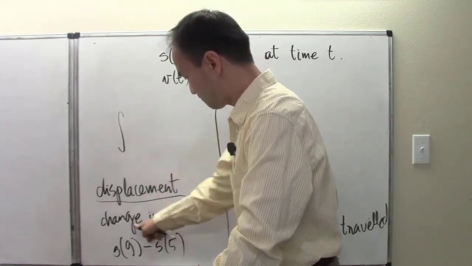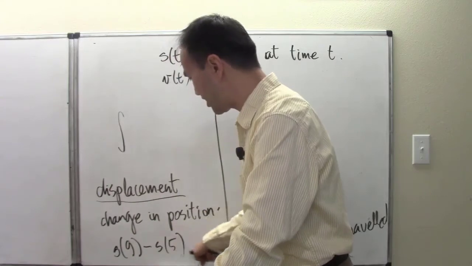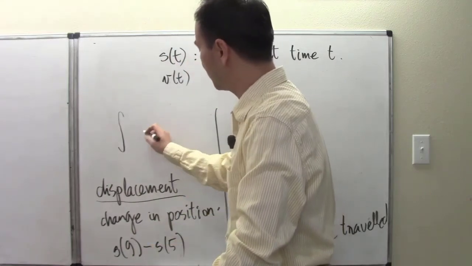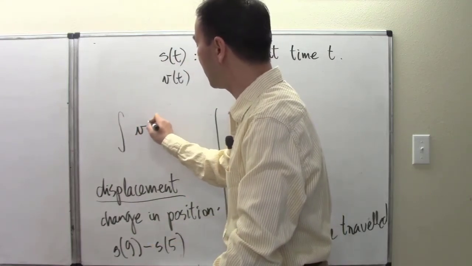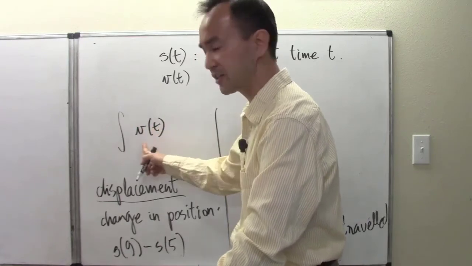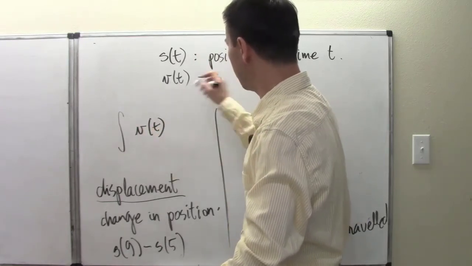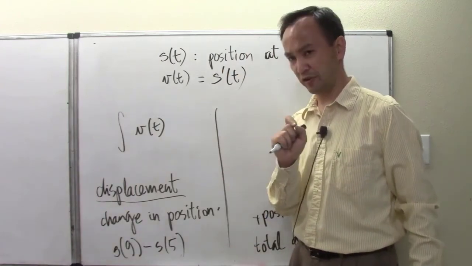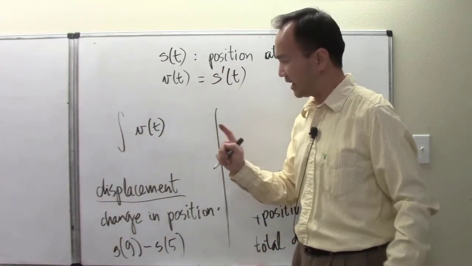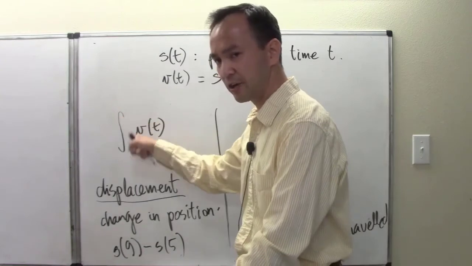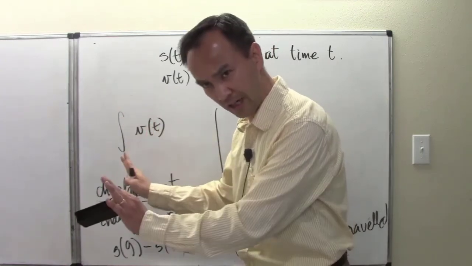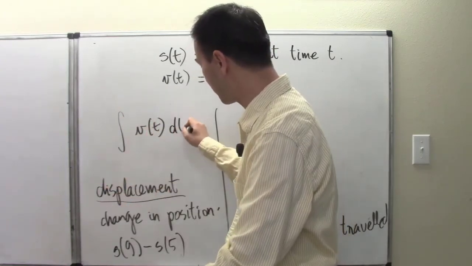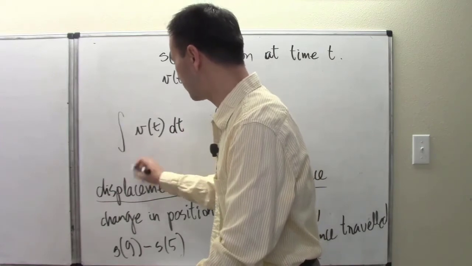Ladies and gentlemen, to find the displacement, the change in position, we can directly integrate our velocity function, where v is s prime of t, as I mentioned earlier. Simply take the definite integral of the velocity function over the interval from a to b.